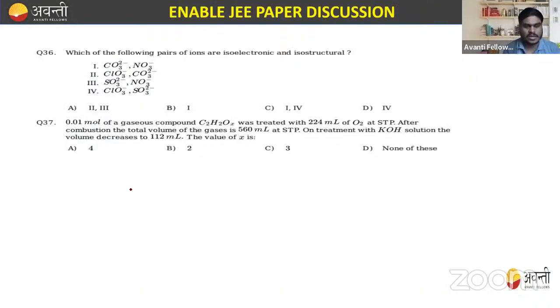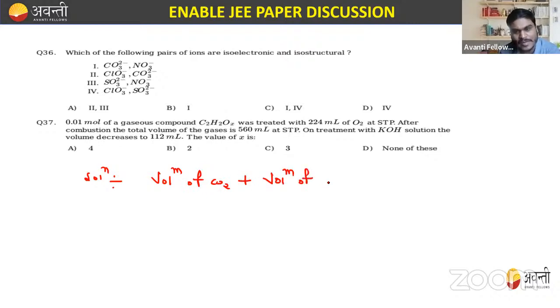We have to write again, right? Okay, no issue, let's do it once more. Just remember this one important thing: the volume of CO2 plus the volume of remaining oxygen is given, that is 560 ml at STP.